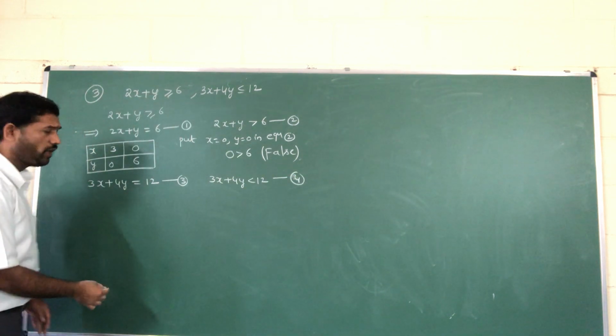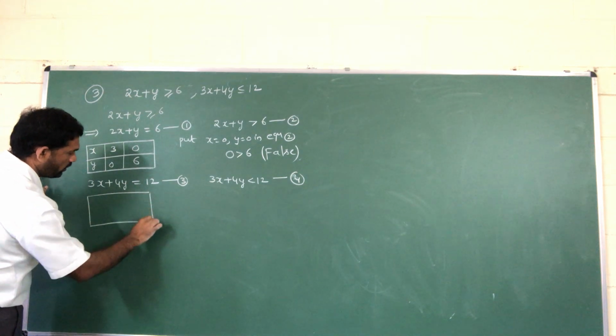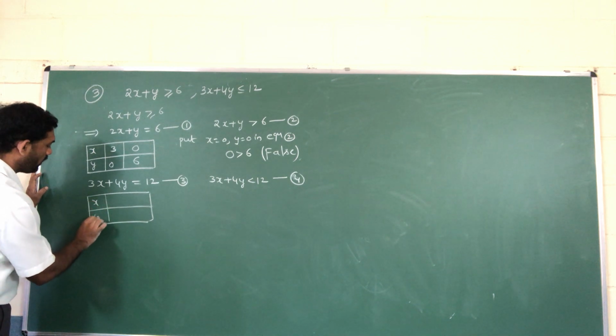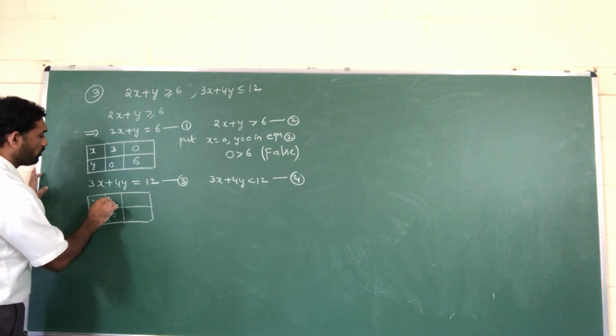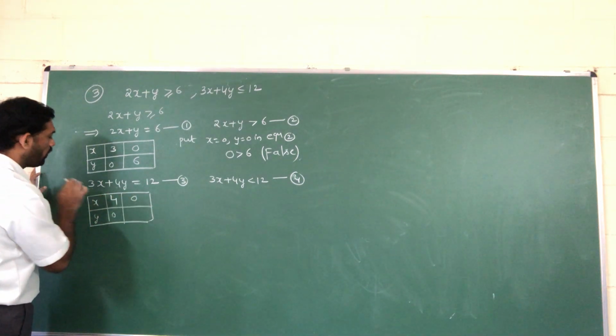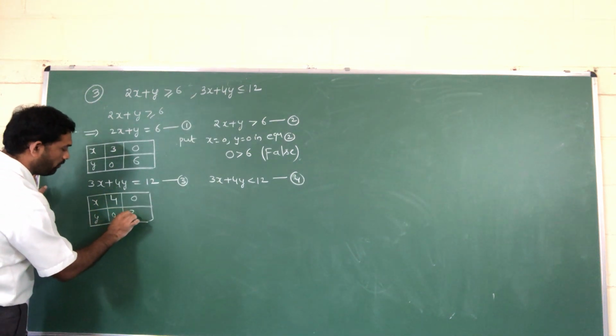Now do the same procedure. For this one, take a table: y equal to 0 means 3x is equal to 12, so x is equal to 4. Put x equal to 0, what happens? 4y is equal to 12, so y is equal to 3.